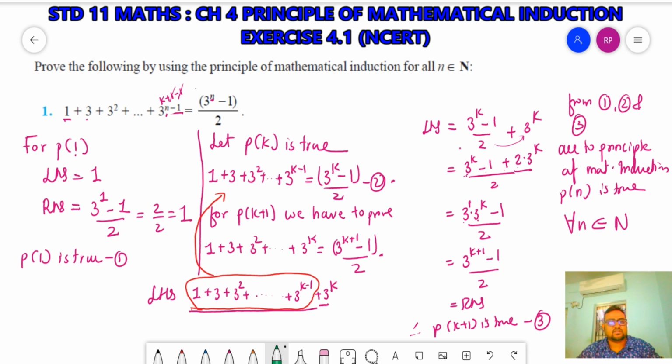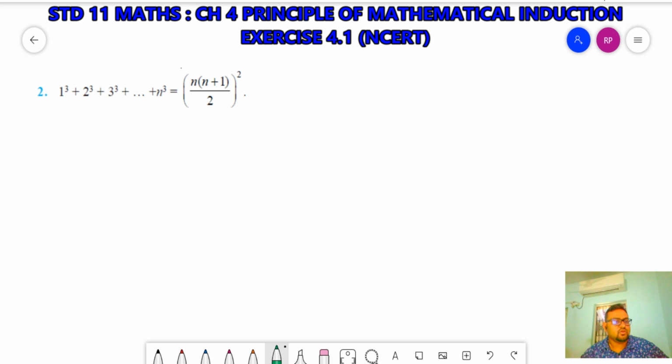Now let's move to the next, that is question number 2. Question number 2, you have to prove 1 cube plus 2 cube plus 3 cube up to n cube equal to n into n plus 1 by 2 whole square. Okay, so let's start with P of 1. For P of 1, n cube, that is 1 cube, we have to take it till 1 cube. So LHS equal to 1 cube equal to 1.